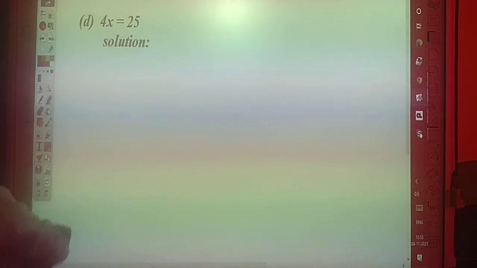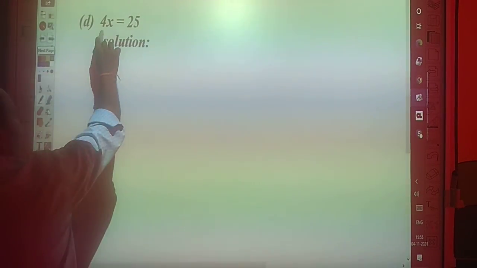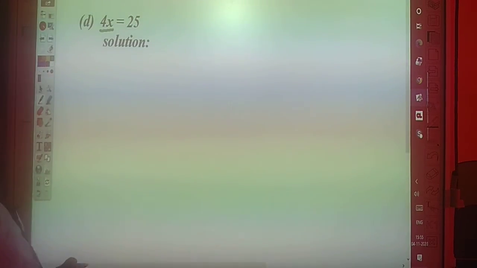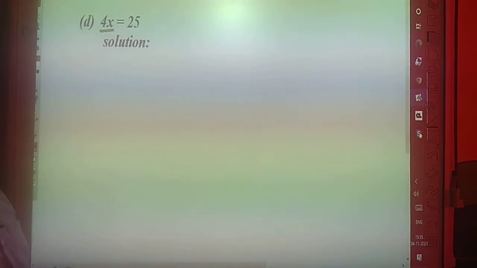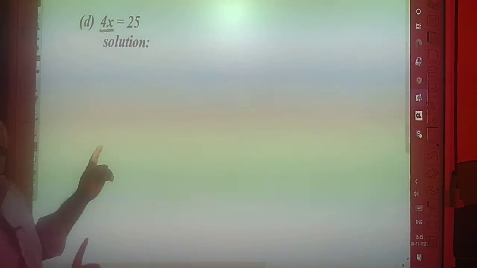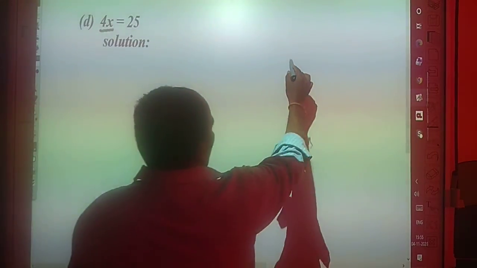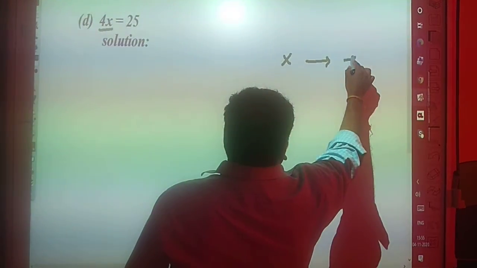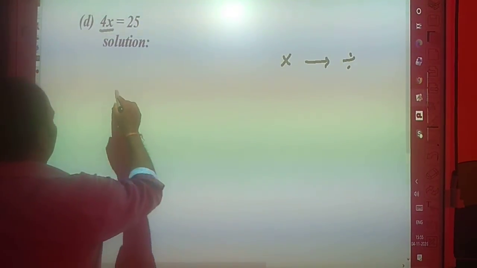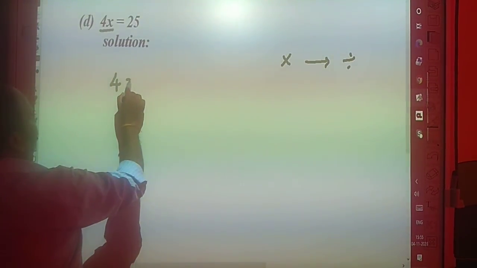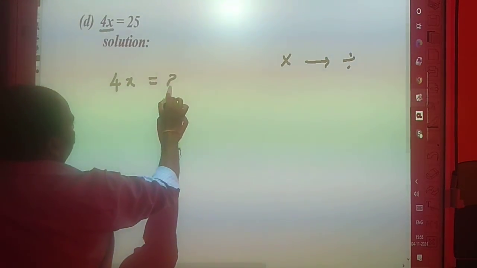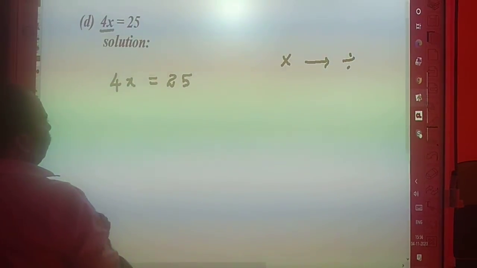And then D part, 4x is equal to 25. 4x means 4 into x. Here on the left hand side 4 into x. So we want to divide. The equation is 4x is equal to 25.